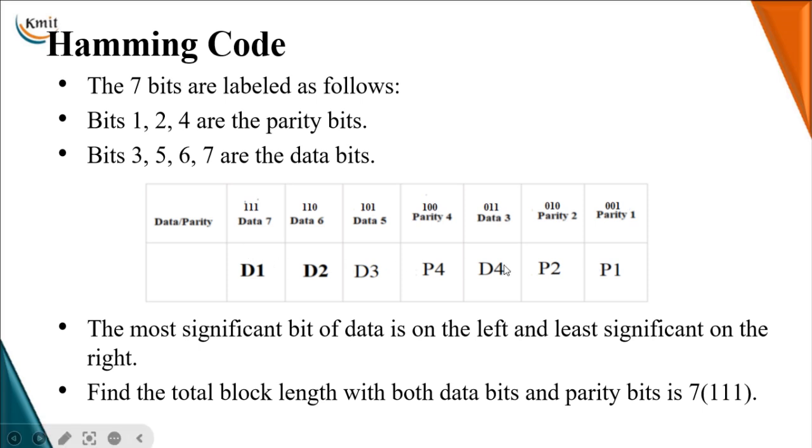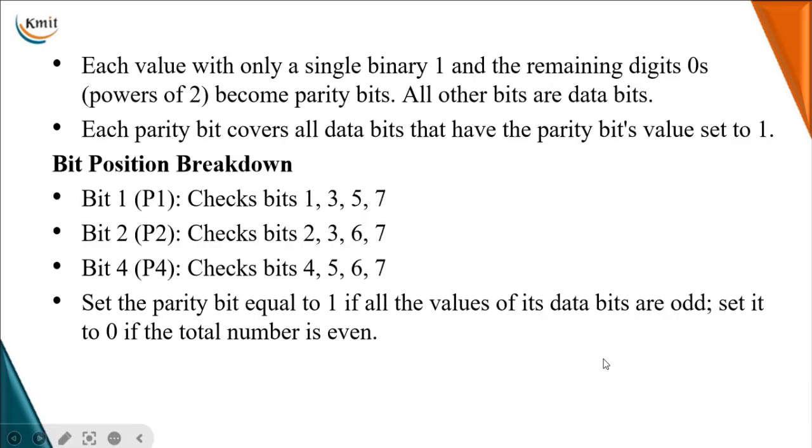So if I add these 3 parity bits along with these 4 data bits, the code contains a total of 7 bits. Hence, the block length becomes 7 here. We call this a 7-bit Hamming code.